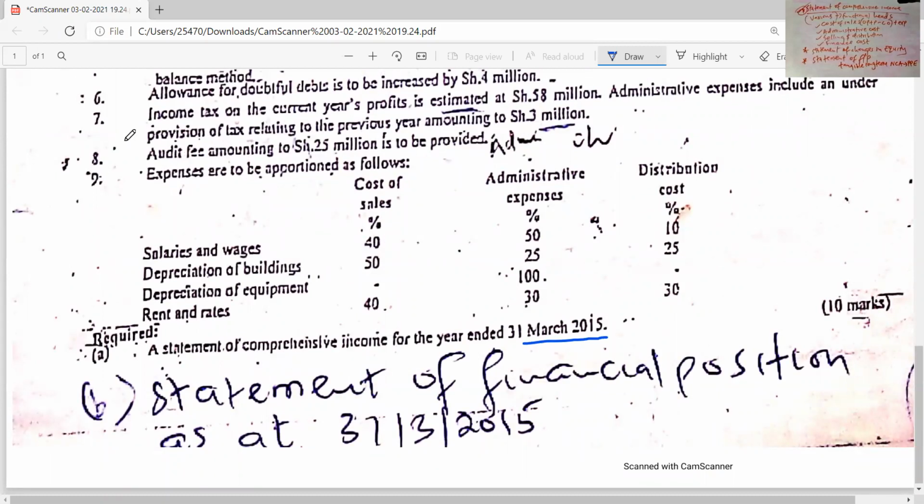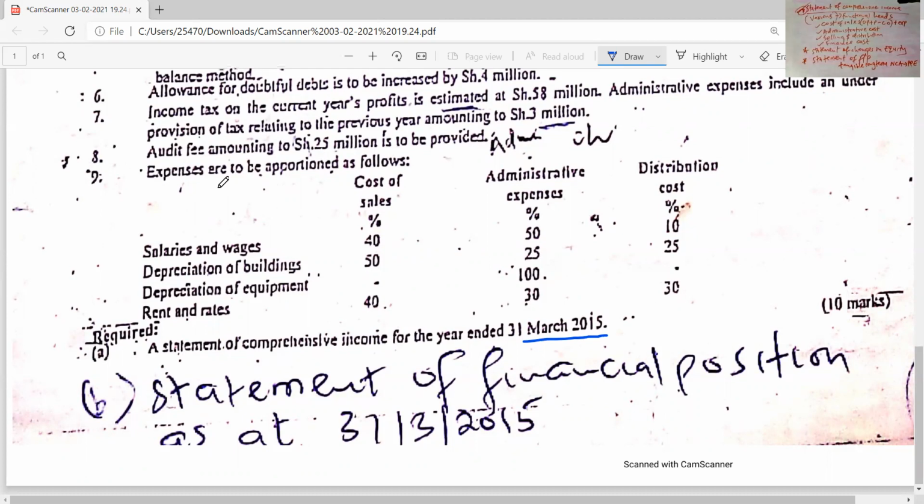Number 8, audit fees amounting to 25 million is to be provided. Audit fees is an expense which will obviously be classified under administrative. Then the examiner went ahead to mention that expenses are to be apportioned as follows.